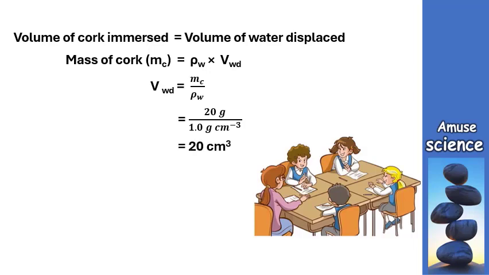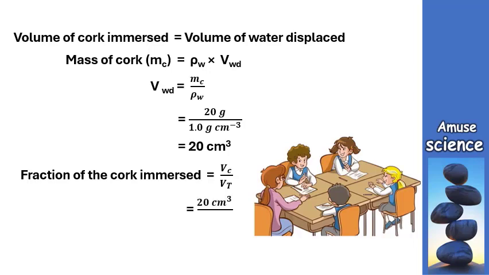So now that we have accomplished our two tasks, we can find the fraction of the cork immersed in the water. We are going to get fraction of the cork immersed in the water is equal to VC divided by VT. And so by substituting the figures, we are going to get 20 cubic centimeters divided by 80 cubic centimeters.